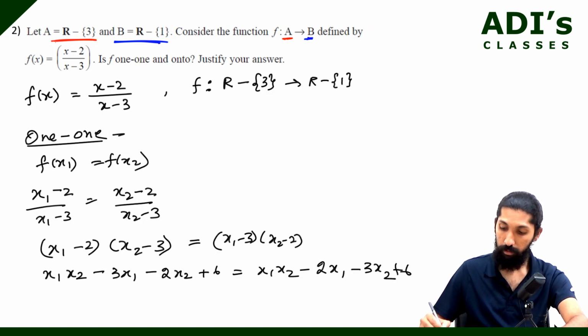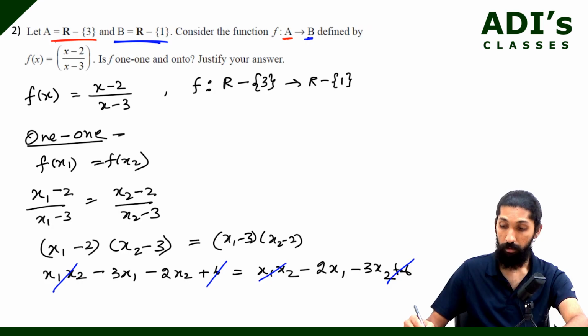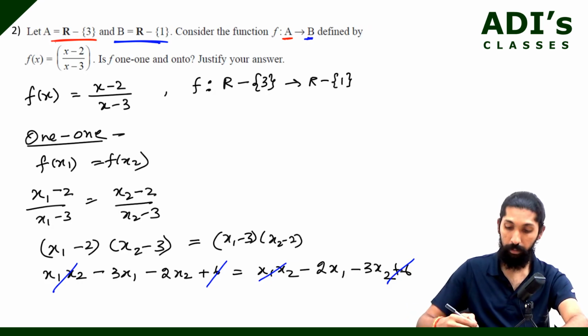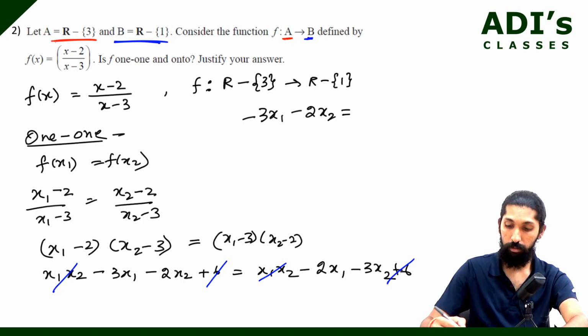See the values, plus 6 cancels, x1 x2 and x1 x2 cancel, right? So what do we end up with? We end up with minus 3x1 minus 2x2 is equal to minus 2x1 minus 3x2.